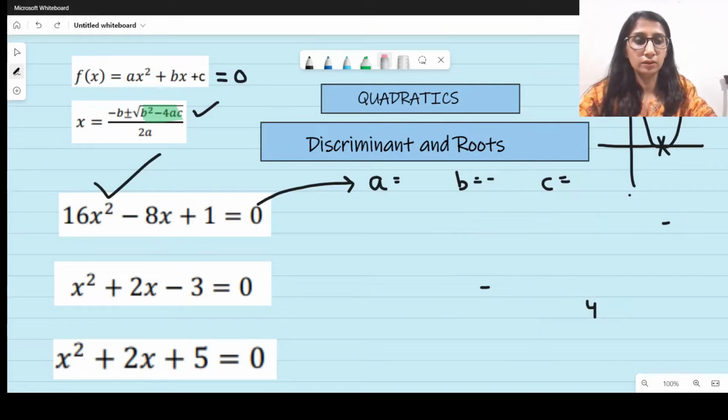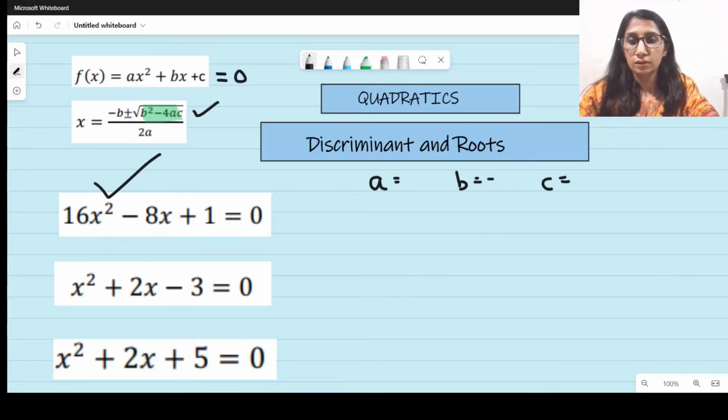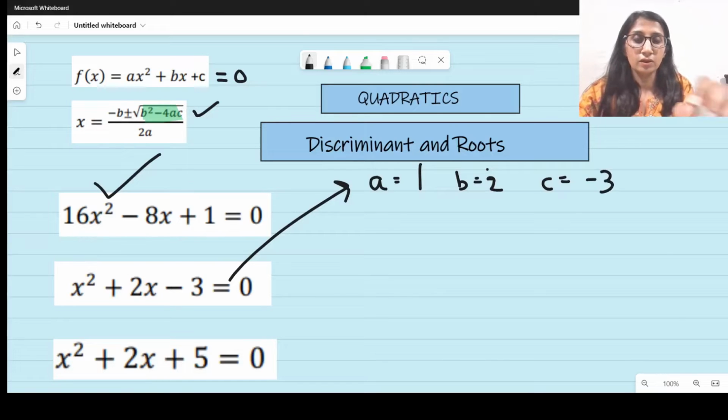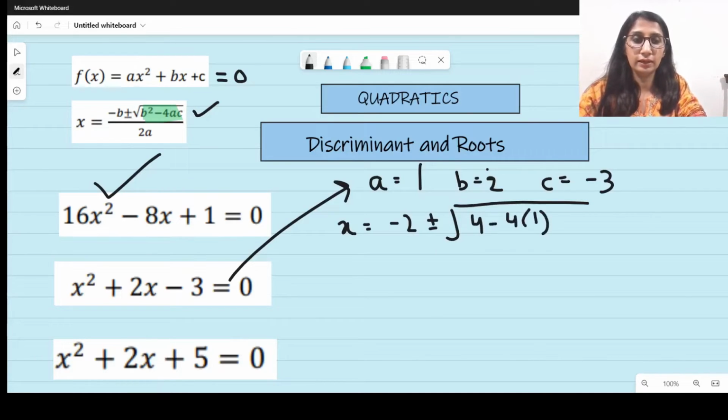In the second one, a equals 1, b equals 2, and c equals minus 3. So x equals minus b plus minus the square root of b square minus 4ac, upon 2 times a.